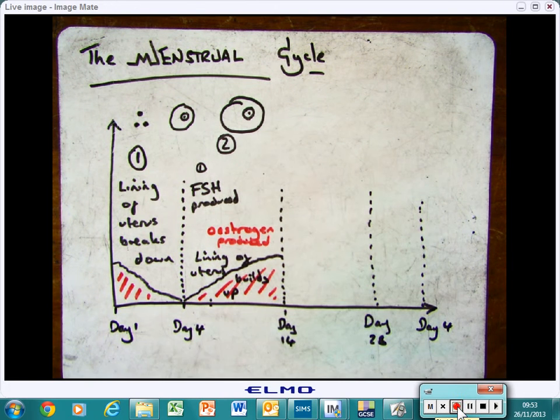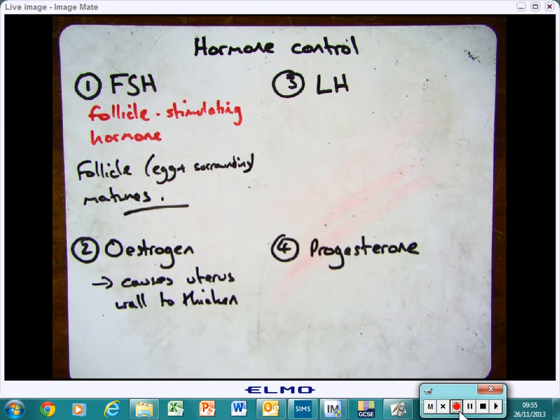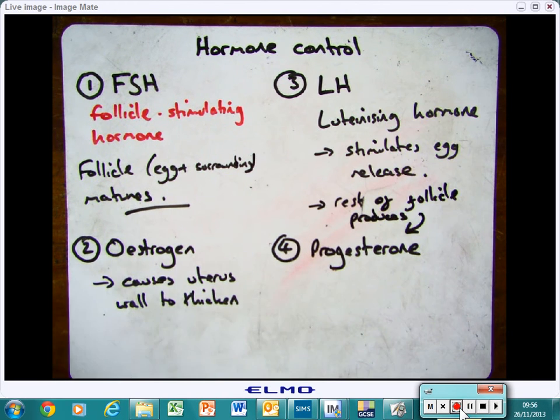Stage 3 is when the uterus lining is thick enough to receive an egg, and when the egg is produced, a new hormone called the luteinizing hormone is produced. So that releases the egg, and then the rest of the follicle breaks down and turns into progesterone.